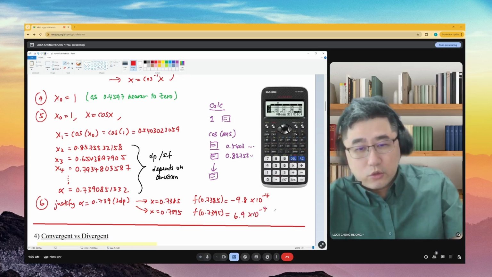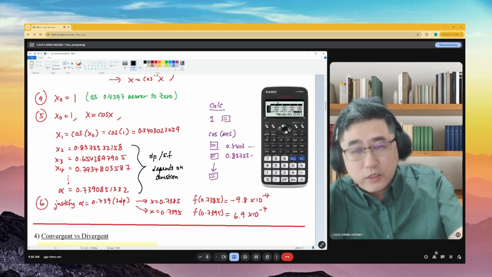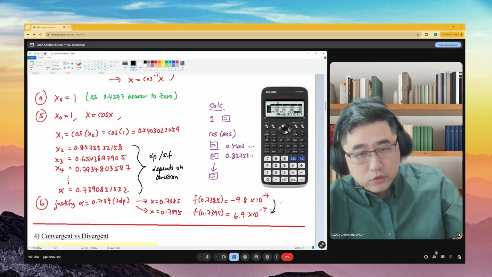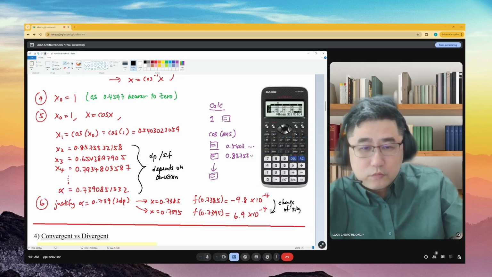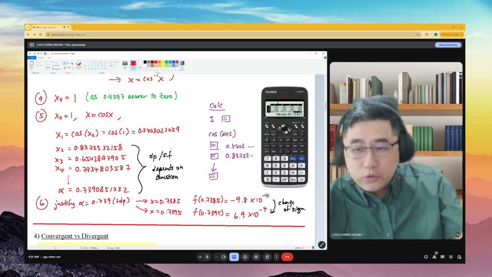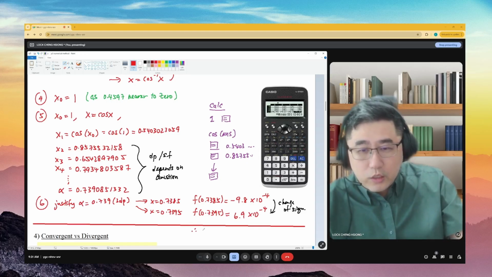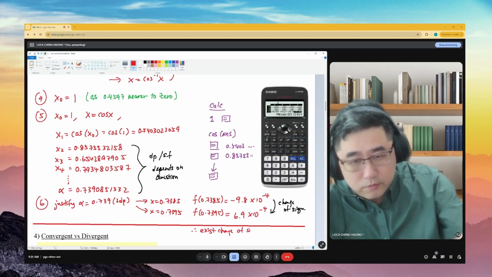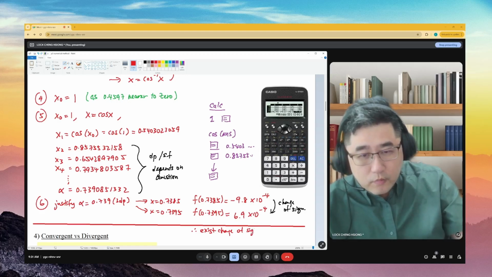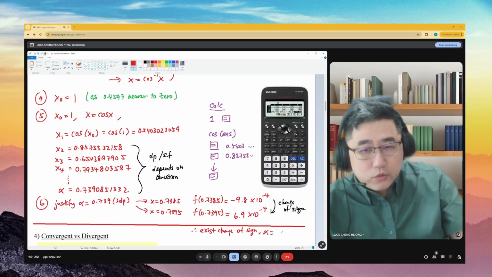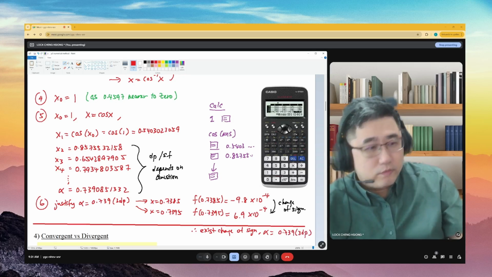So what is your conclusion? There is a change of sign, isn't it? So your conclusion will be, because there is a change of sign, alpha equals 0.739 to 3 decimal places.